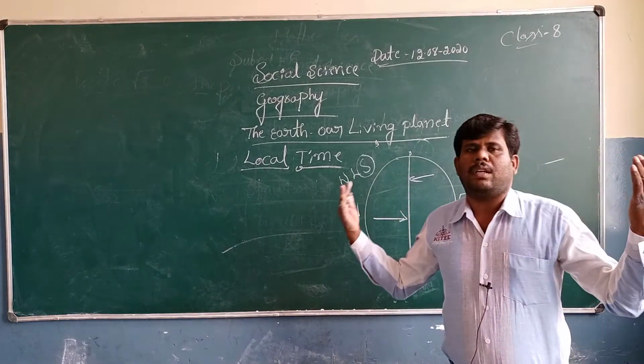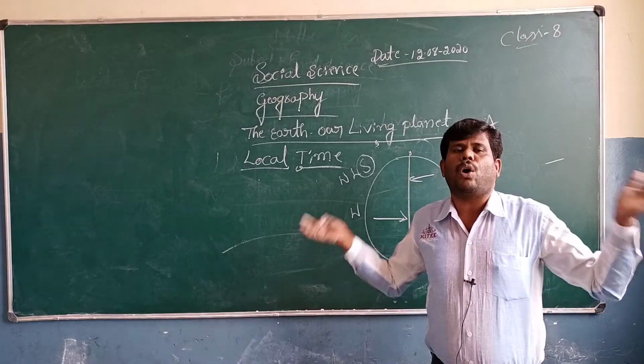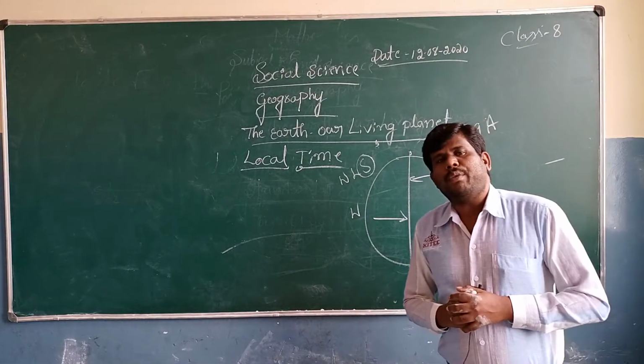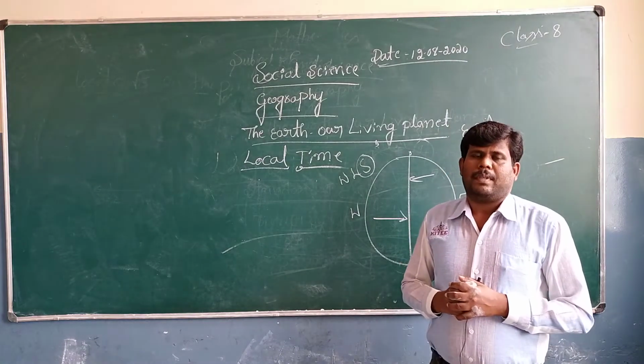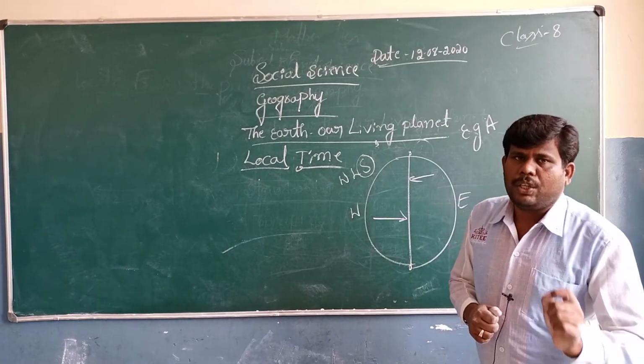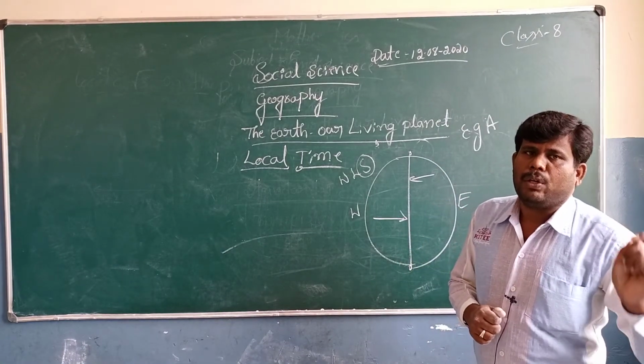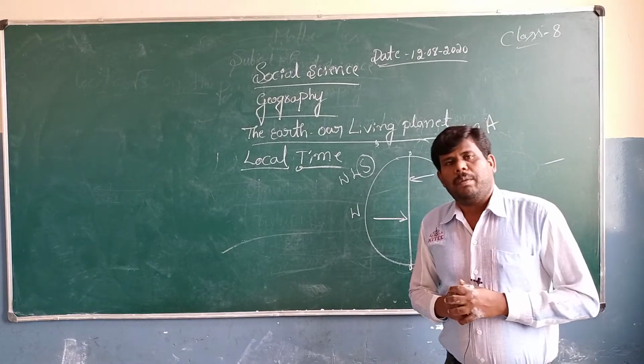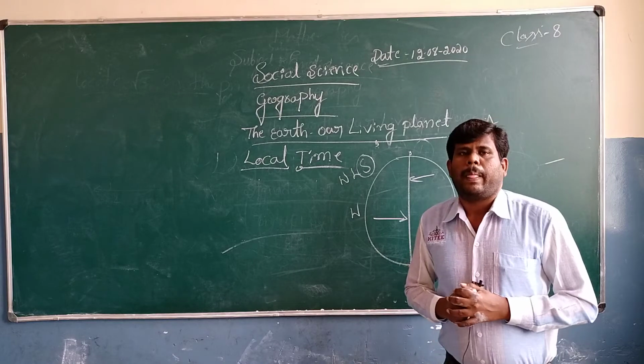So all 360 longitudes are covered by the sun in 24 hours. Like that, East Gain, West Loss. You can keep this point in your mind.